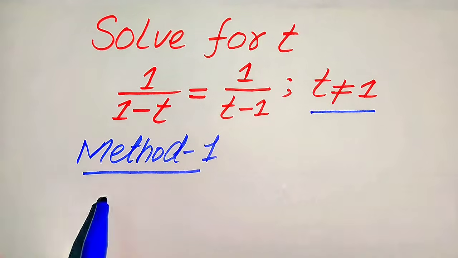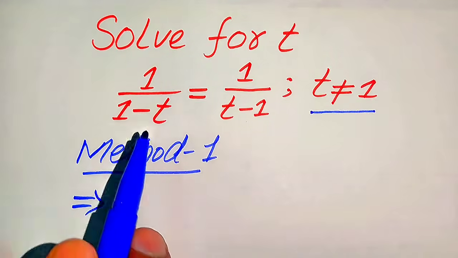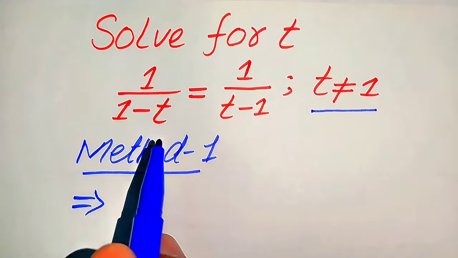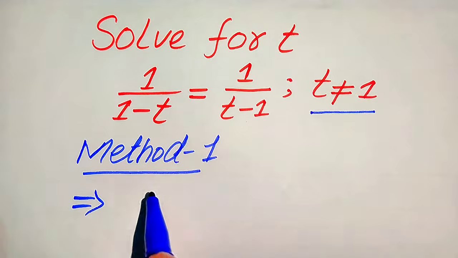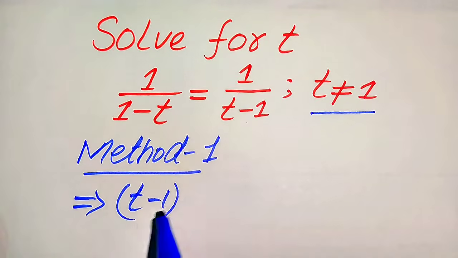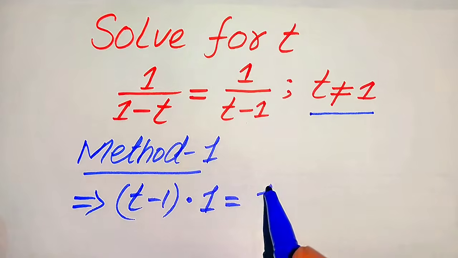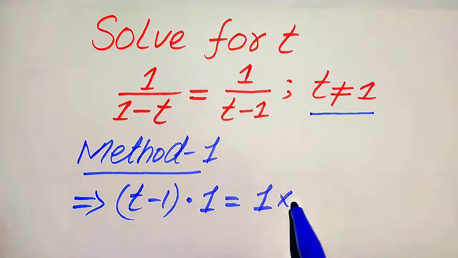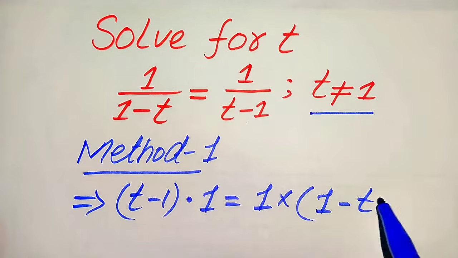So when we cross multiply the terms, it means that we multiply t minus 1 with this one, and it will be written as, after cross multiplication, t minus 1 multiplied by 1 is equal to 1 multiplied by 1 minus t.